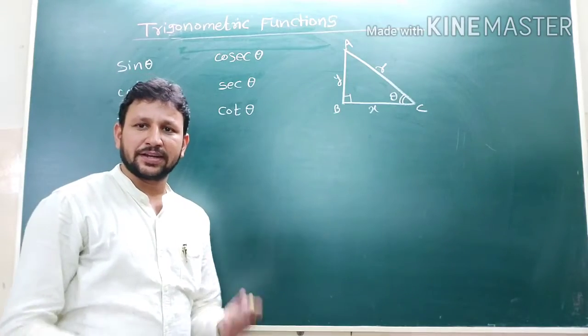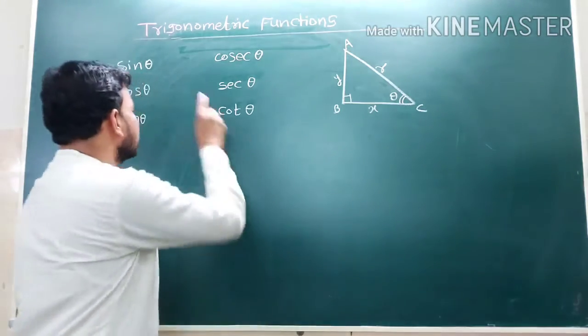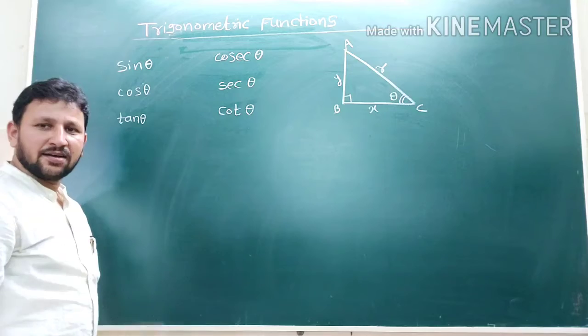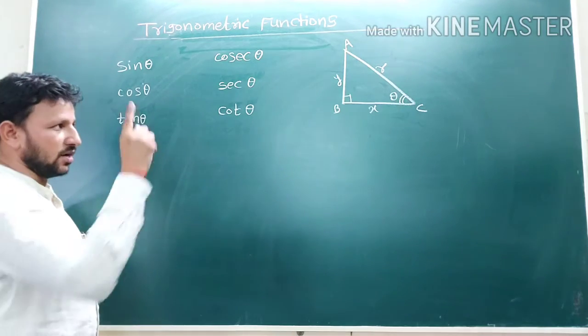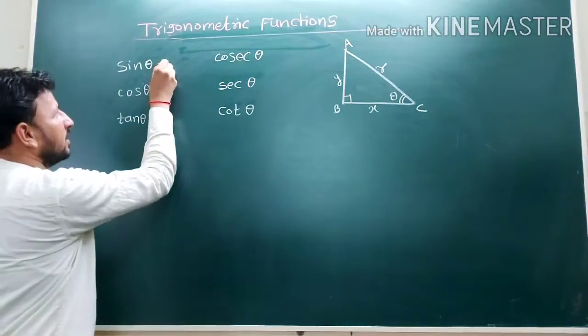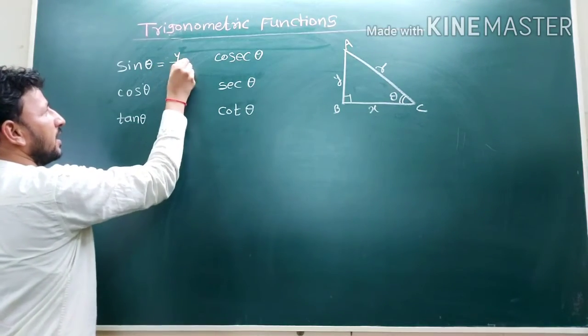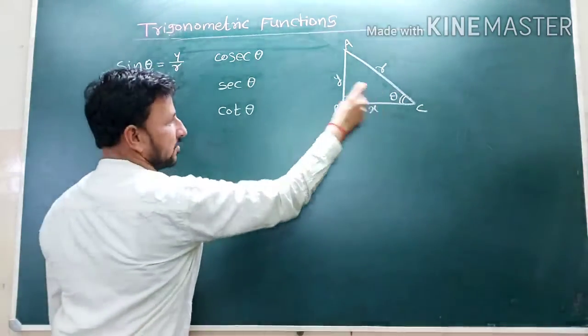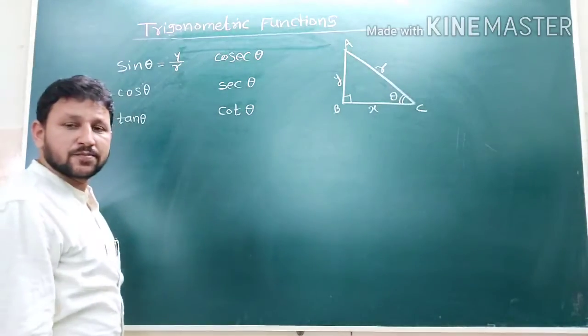Then the trigonometric ratios by the definition. First, sine of theta is expressed as the ratio of the opposite side to the hypotenuse. It is obtained as opposite side y and hypotenuse r for the angle theta.